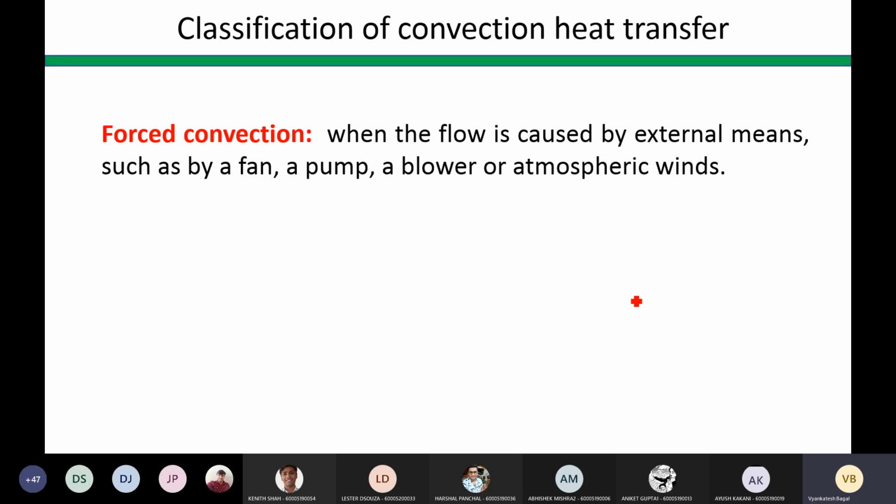Those will cause forced convection. So the essential part of forced convection is that the fluid motion is assisted by some external agency like a fan, pump, or blower. Then we call it forced convection.